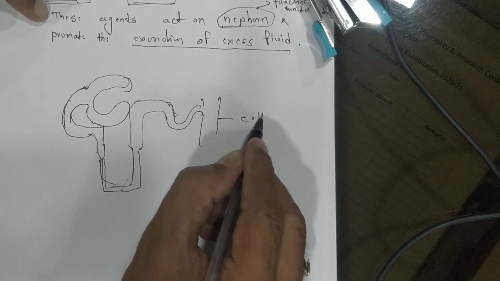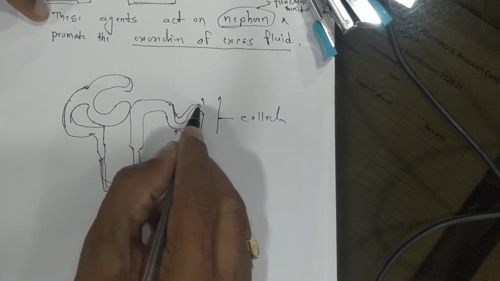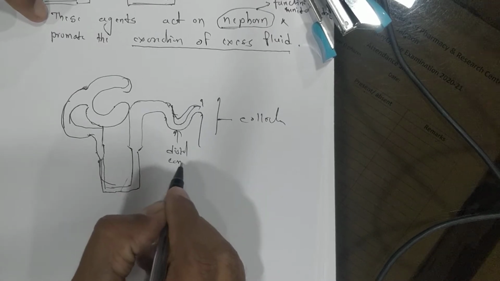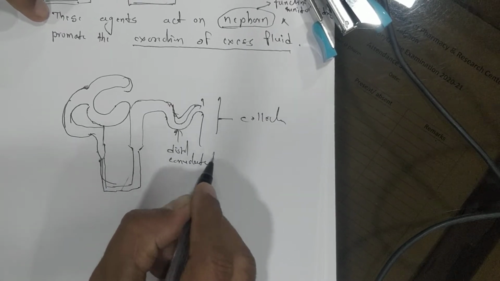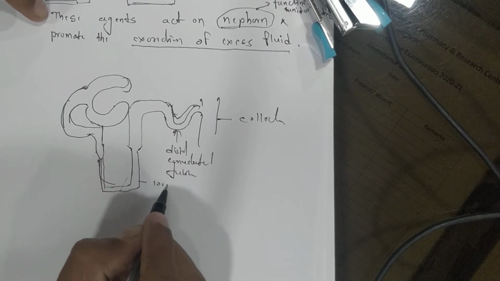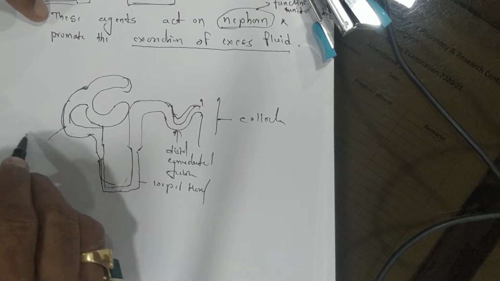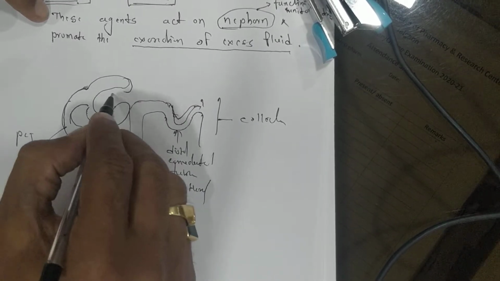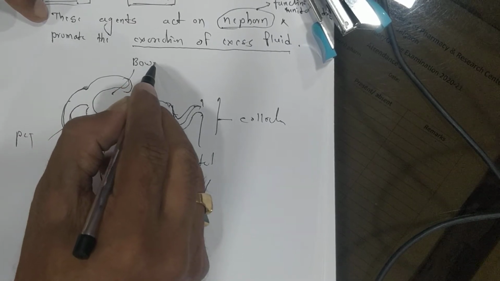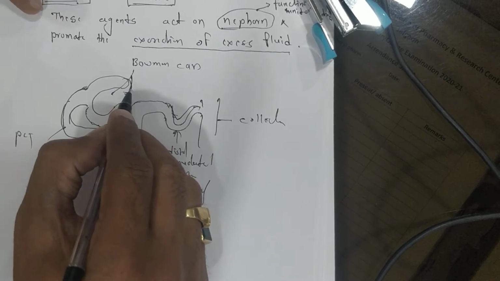The diameter should be the same. Distal convoluted tubules, loop of Henle, proximal convoluted tubules, Bowman's capsule.